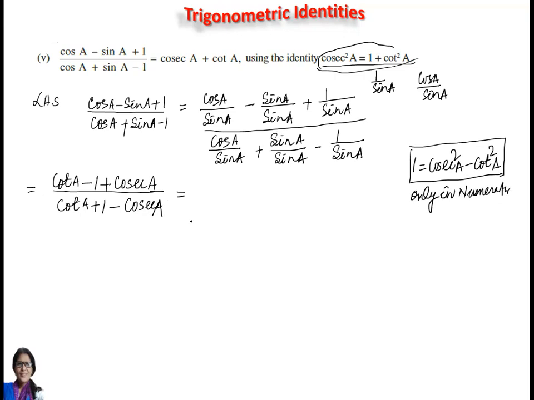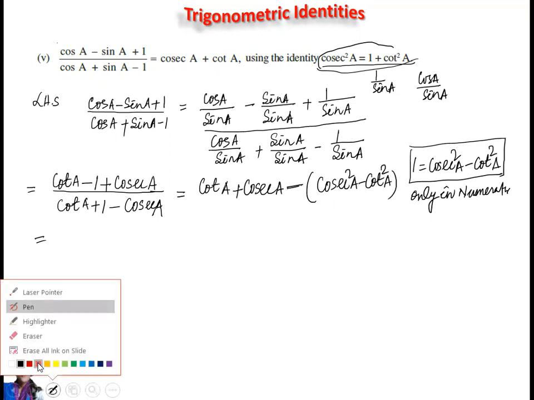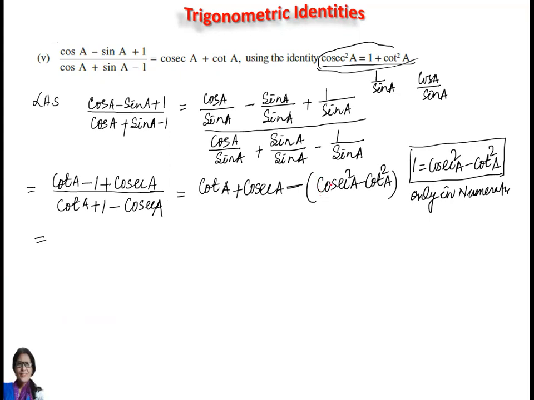not in denominator. So what I'm writing? I'm writing here only to make use of space, cot A plus cosec A I took together. For minus 1, I am changing as cosec square A minus cot square A. Please note down this step very carefully, because without this step you cannot follow this answer steps.